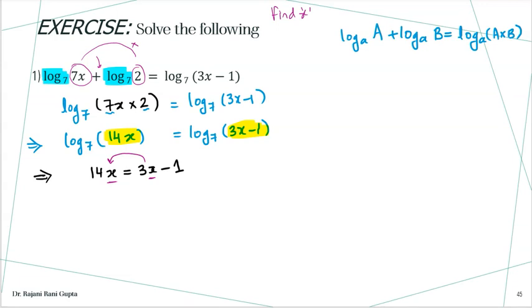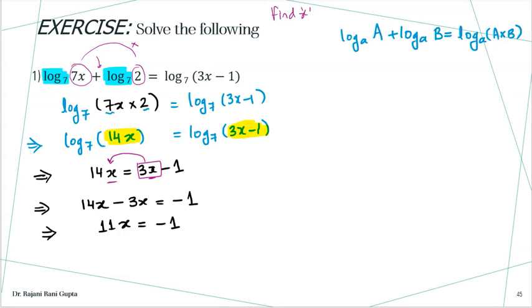We will be moving this 3x, which is positive, to the left hand side. So on the left side we have 14x, and this becomes minus 3x, equal to minus 1. Then 14 minus 3 is how much? 11x equals minus 1.